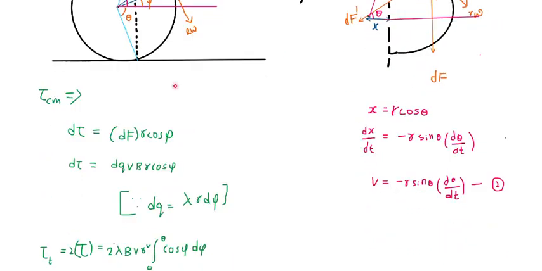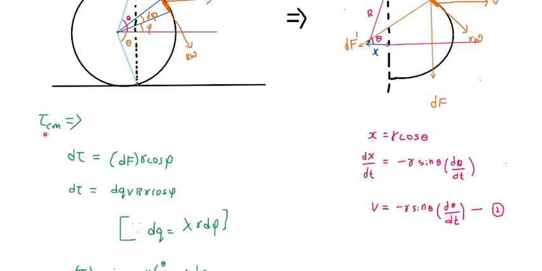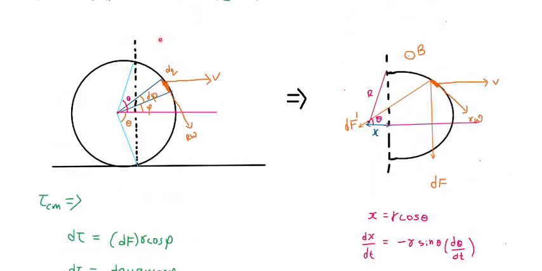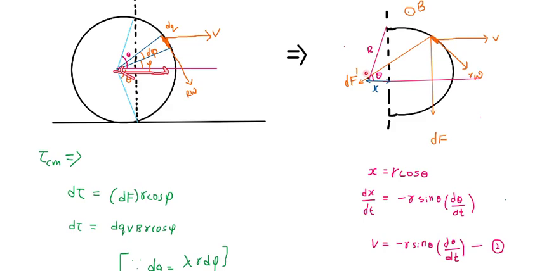If we write the equation for torque about the center of mass, d tau equals dF into r cos phi, where r cos phi is the perpendicular distance. So this length is r cos phi. dF dash doesn't participate in the torque equation because it passes through the center of mass.